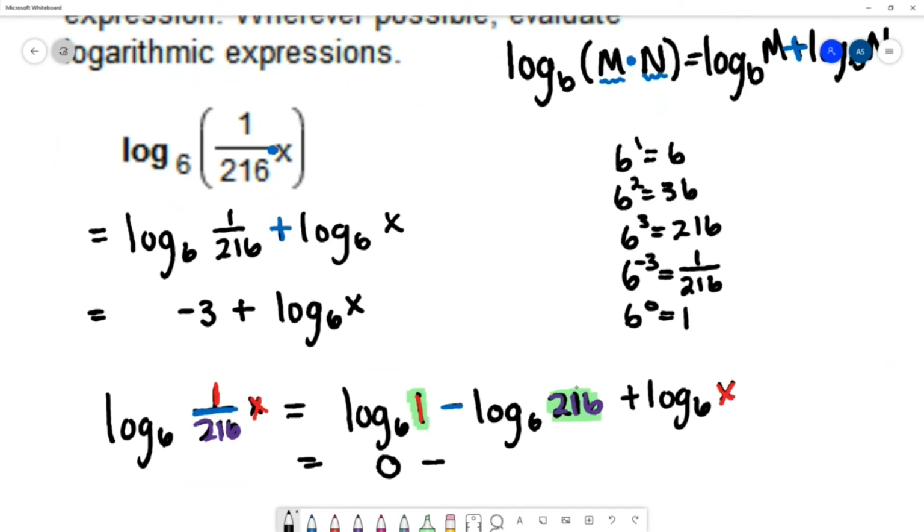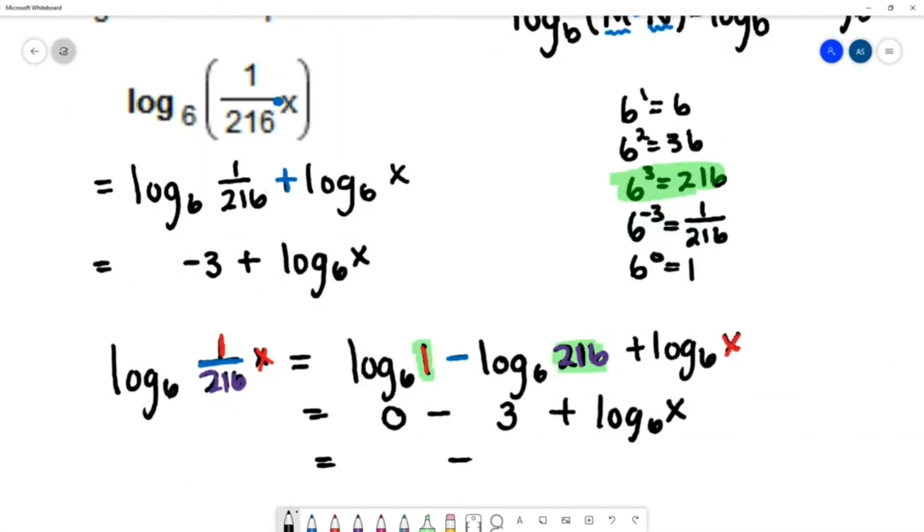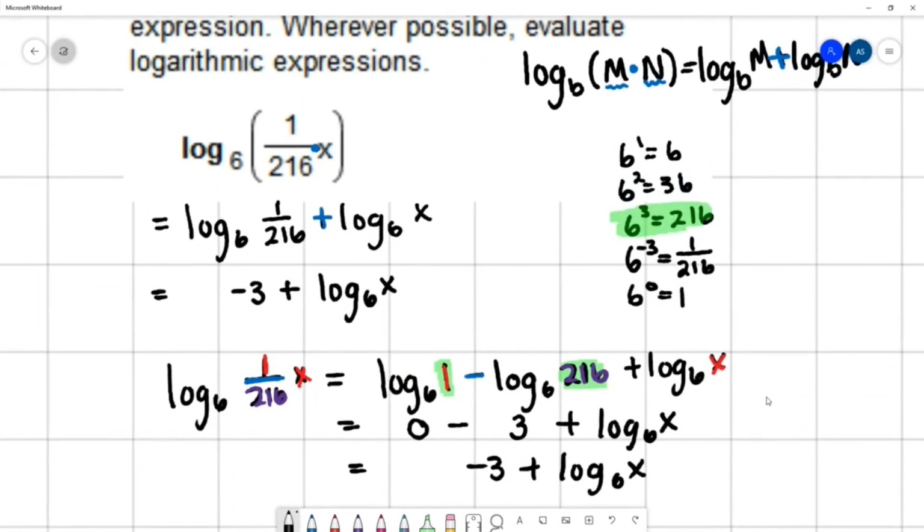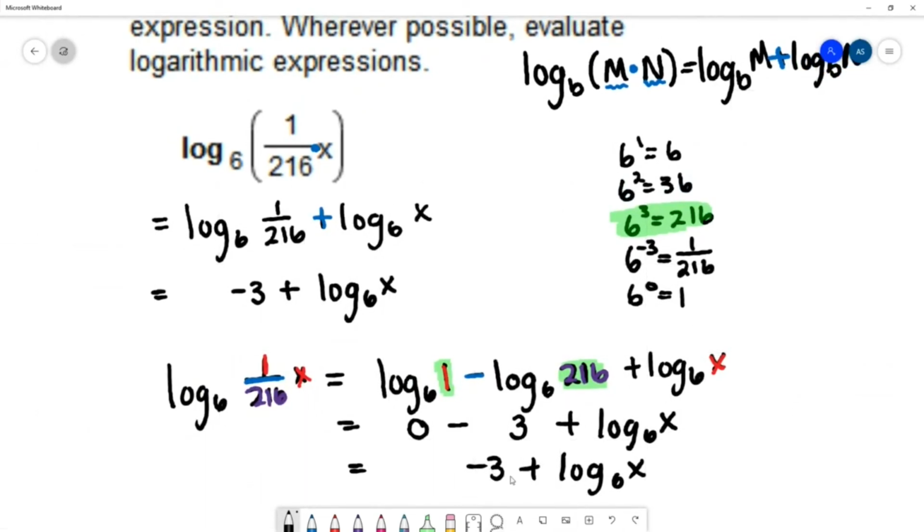Log base 6 of 216 is 3, using this one right here, plus log base 6 of x. 0 minus 3 is negative 3. And we get the same answer with a slightly different approach. So we get our answer of negative 3 plus log base 6 of x.